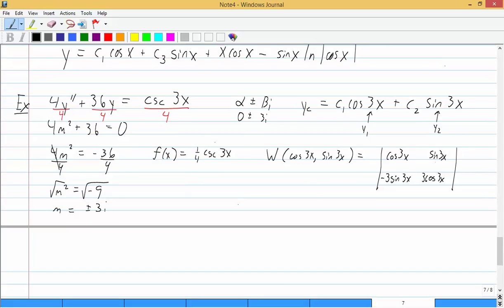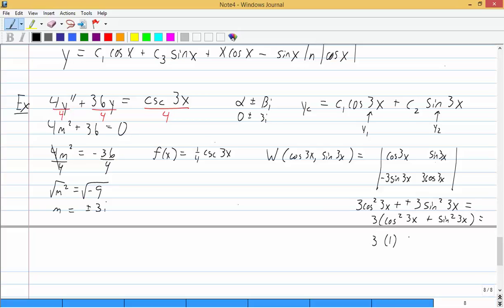All right, so if you cross multiply, you get 3 cosine squared 3x minus negative 3 sine squared 3x. And so you have minus and negative, so that's plus. If you factor a 3 out, that leaves you with cosine squared 3x plus sine squared 3x. As long as those are the same, that's always equal to 1. So that's 3 times 1, or 3. So our Wronskian is equal to 3.